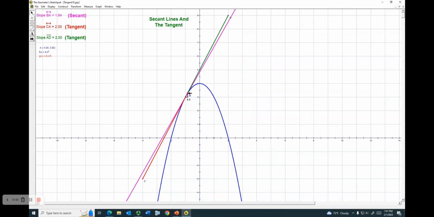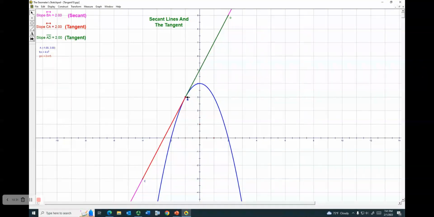Here the point's coming down closer to that point of tangency. And what we can observe is that the slope of the secant line is now about 1.8. Can hardly tell it from the tangent line. If we move point B a little closer to point A, up to 1.96, getting very close to the slope of the tangent line.